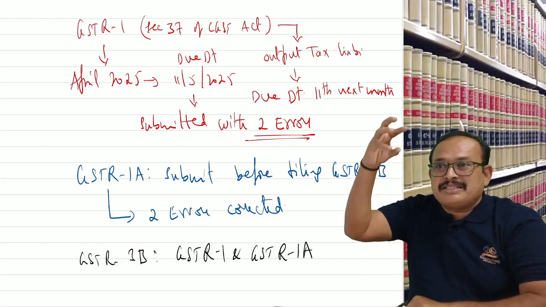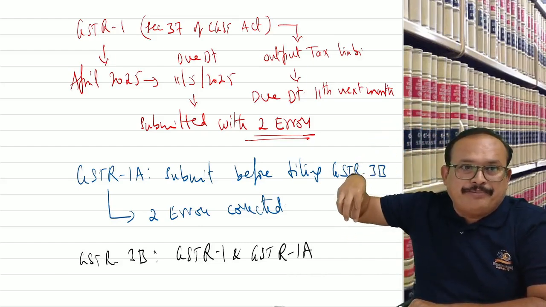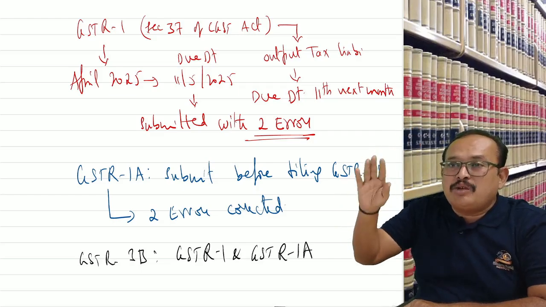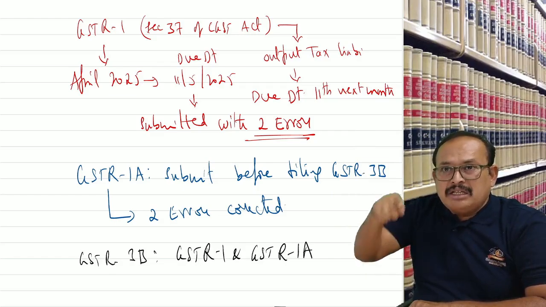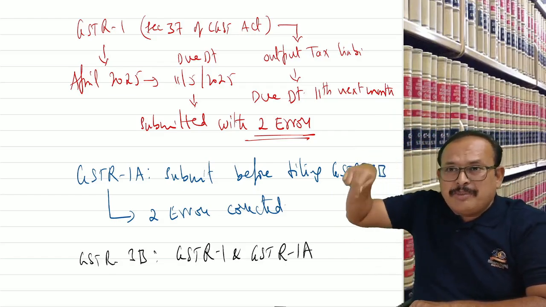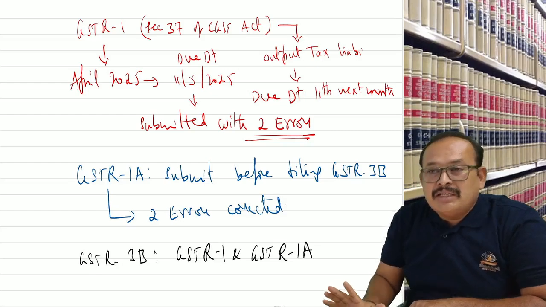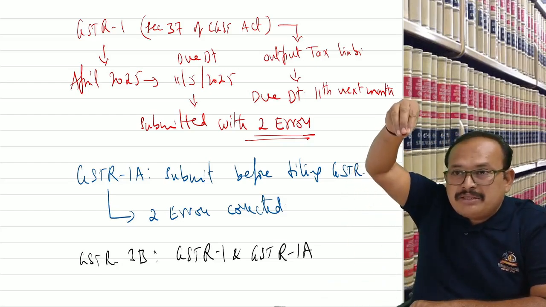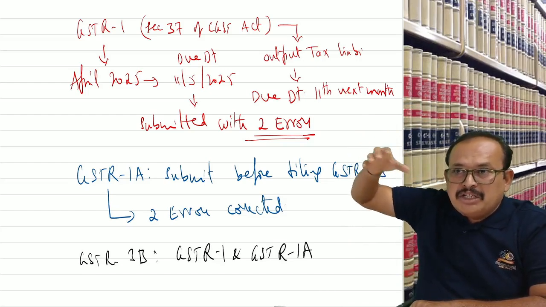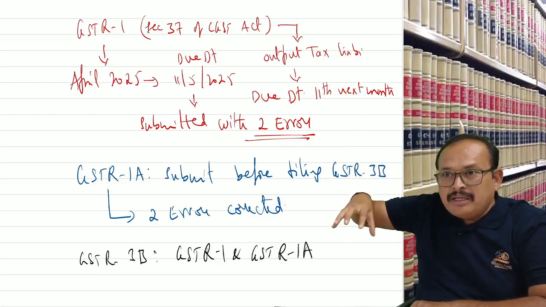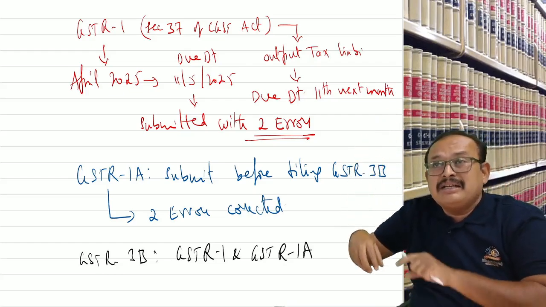GSTR 1A dominates GSTR 1 and GSTR 1A data will go to GSTR 3B. That means 10,000 in GSTR 1 rectified as 1 lakh rupees in GSTR 1A: this matter goes to GSTR 3B as 1 lakh, not 10,000. GSTR 1 12% you mentioned, GSTR 1A reversed to 18%. When the matter goes to GSTR 3B, only the GSTR 1A 18% will be captured, not 12%.